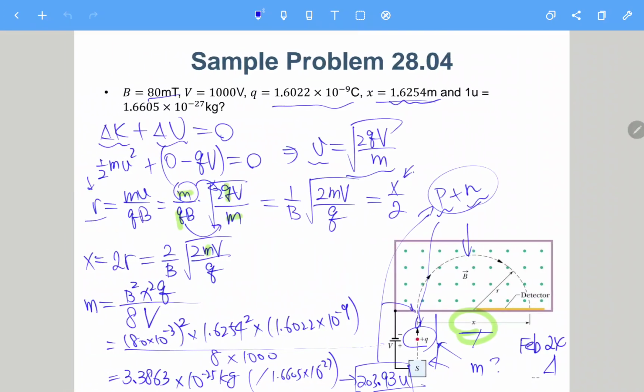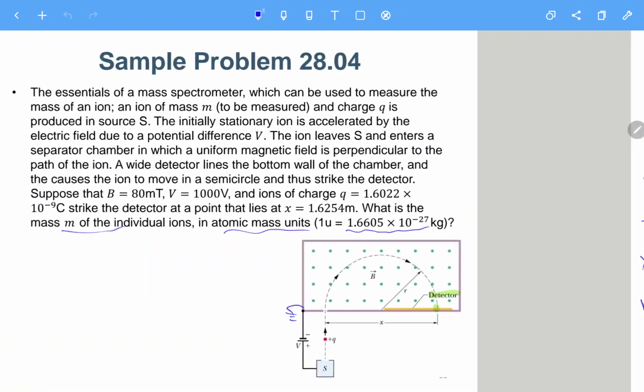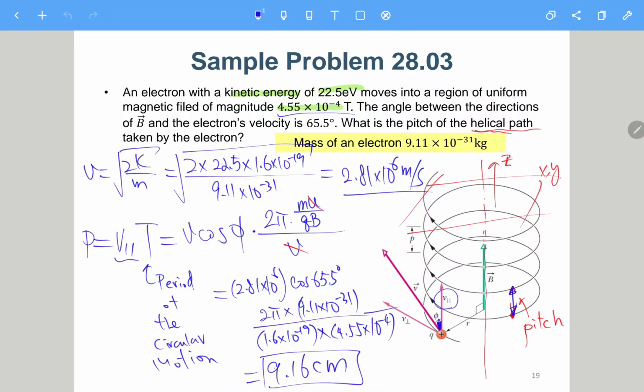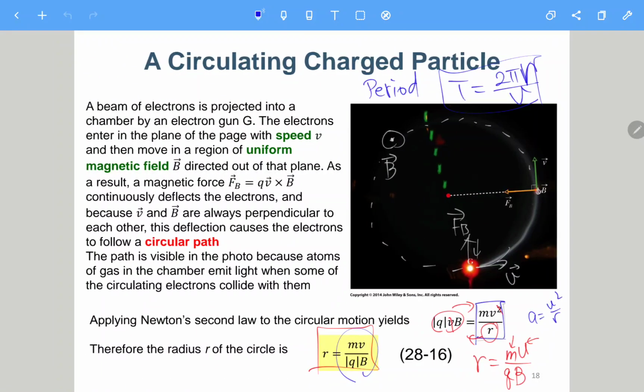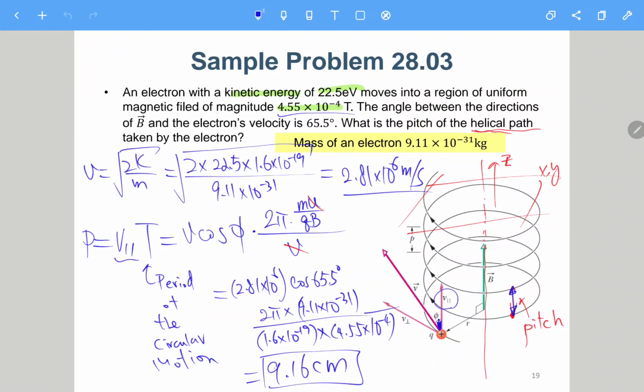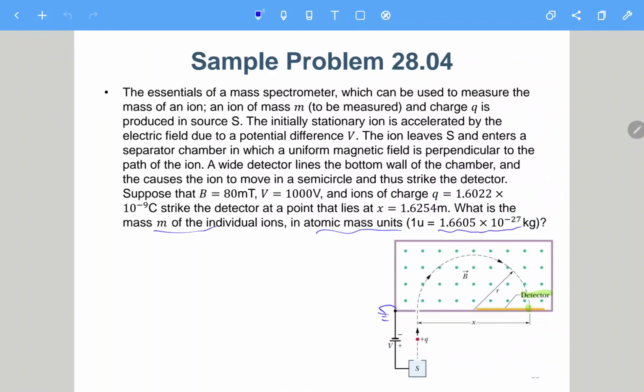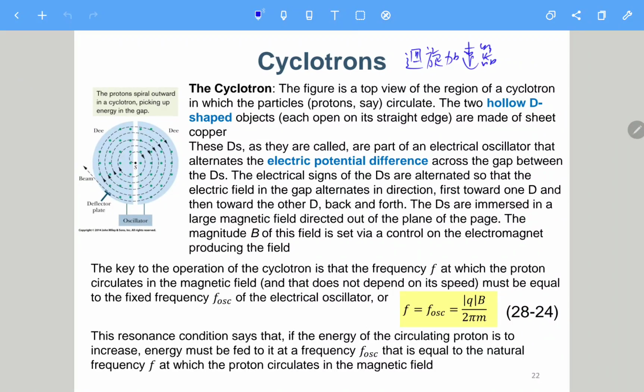And actually in the previous slide, we already mentioned the period. The period of the circular motion is 2 pi r over v. So let me just recall it: T equals 2 pi r, where r is mv over qB, and then over v.